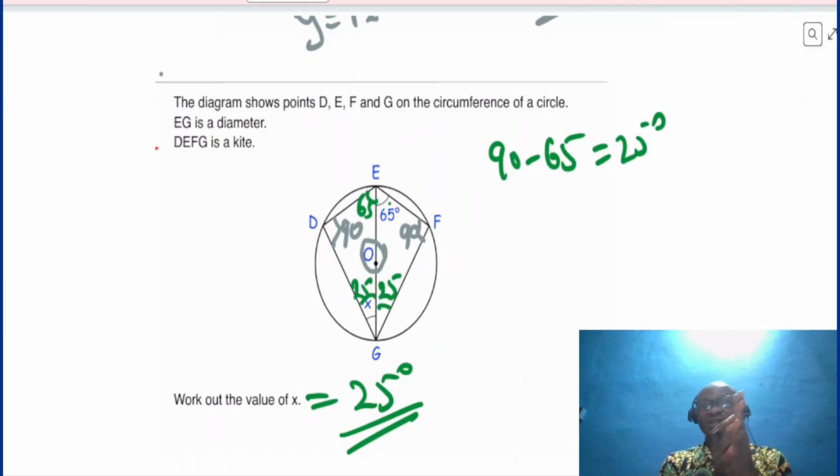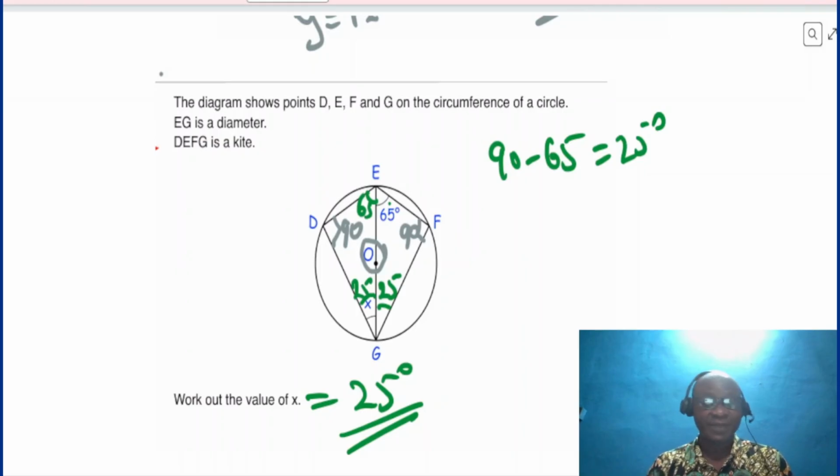So the value of x is 25. You can see the proof. The other corner is 25. The left corner also will be 25. Just as the right corner on the top at E is 65, the other side will also be 65. If you add all of them now, it is going to give you a total of 360.